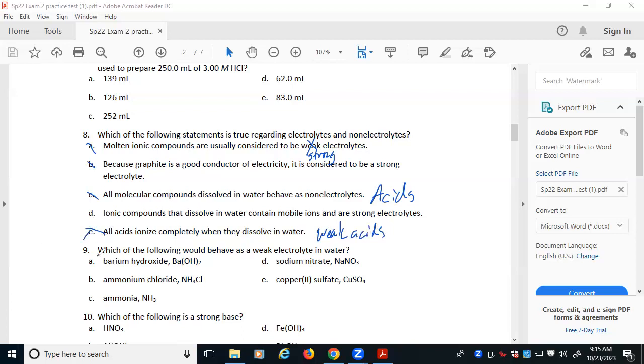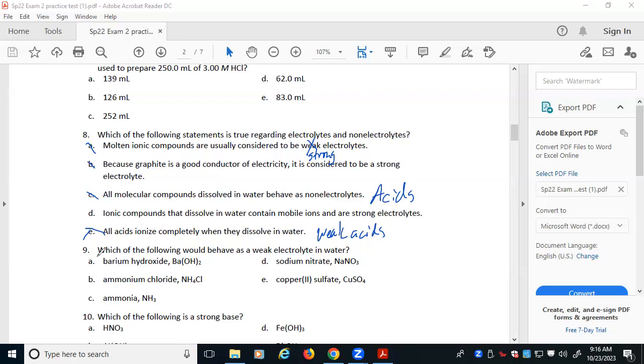Why is D correct? Well, we're talking about ionic compounds that dissolve in water, contain mobile ions, and are strong electrolytes. If an ionic compound does dissolve, remember, ionic compounds only have two categories. There's the soluble salt and the insoluble salt. The soluble salt, in an ionic equation, we always split it apart.